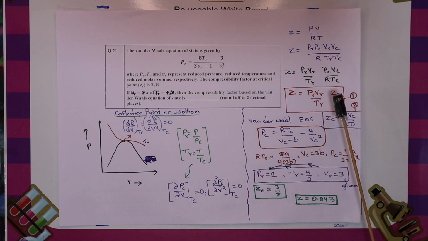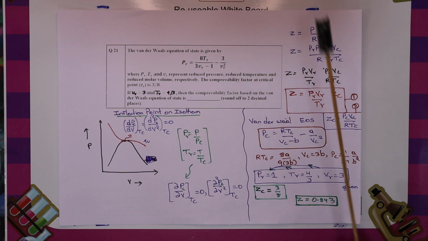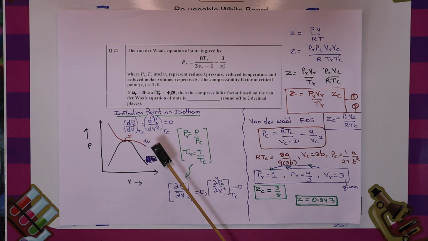You can see the van der Waals equation of state is in terms of the A and B constants: R TC by VC minus B, minus A by VC square. So we have to somehow calculate ZC. That means we take the help of this inflection point to calculate PC VC by R TC, taking the first derivative and second derivative.